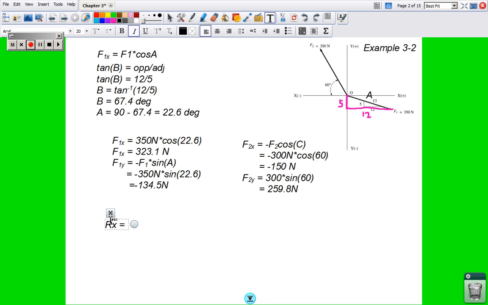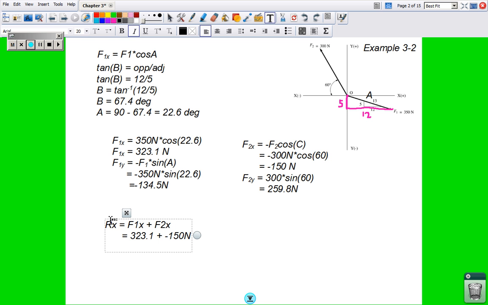This is going to be F1x plus F2x. Okay, so that's going to be equal to 323.1 plus, the next number is negative, a negative 150 newtons.